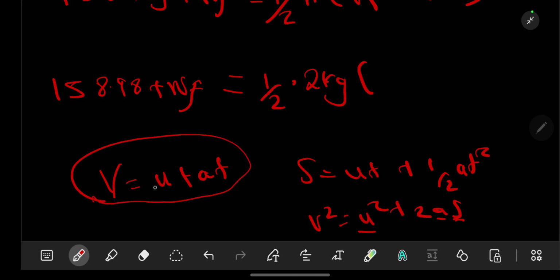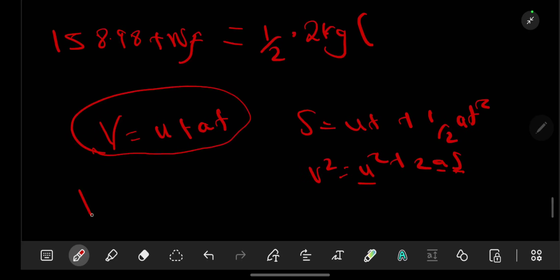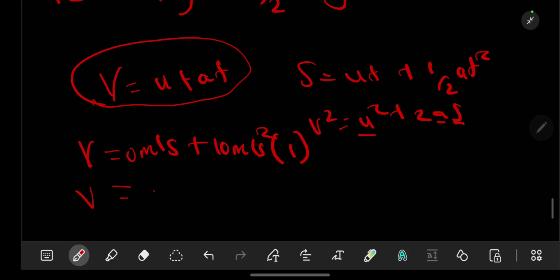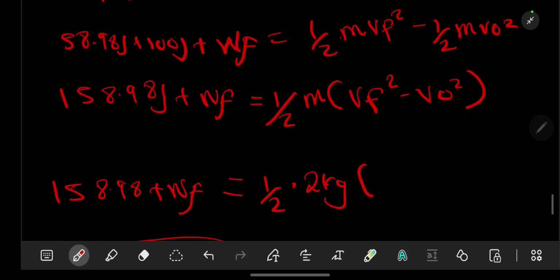Anyone who uses either equation will get the same answer. So the velocity should be equal to the initial velocity, 0 meters per second since it started at rest, plus the acceleration, 10 meters per second squared, times our time, which is 1, so V should be equal to 10 meters per second.